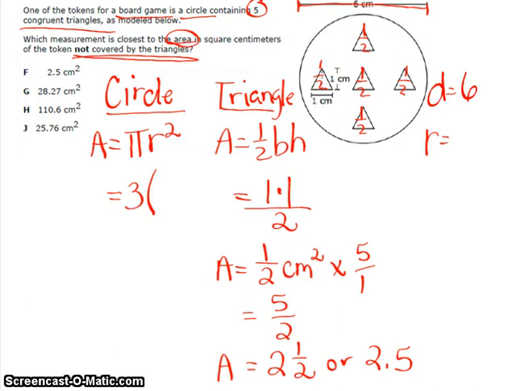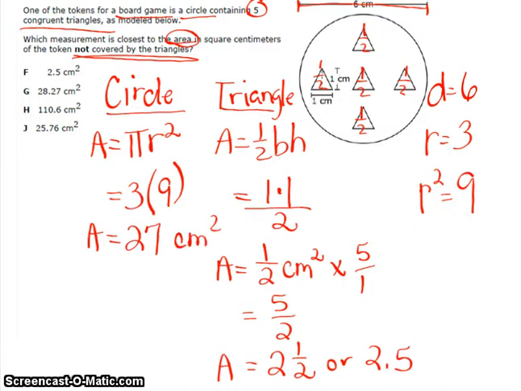If my diameter is 6, my radius is 3, but I need radius squared, which is 9. Okay, so I have 3 for pi, 9 for radius squared.